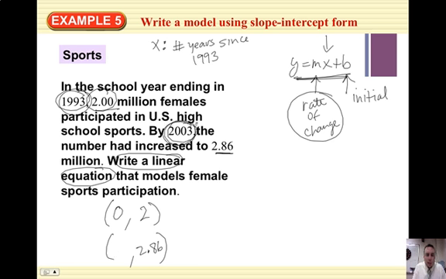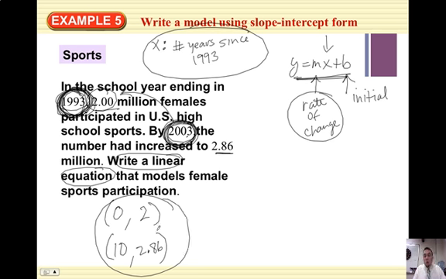You have to take it in relation to the other one, which is 1993. If that's your starting point, how many years later is this? All you have to do is take 2003 minus 1993, and that's 10 years after 1993. So x is years after 1993. That's why it's 10.